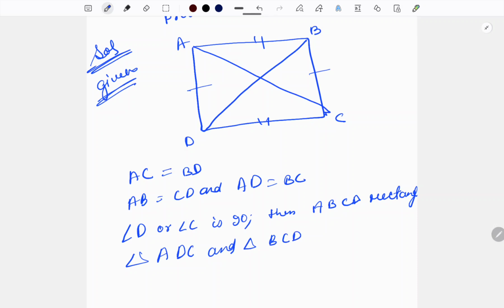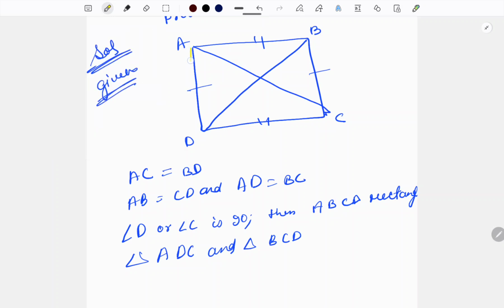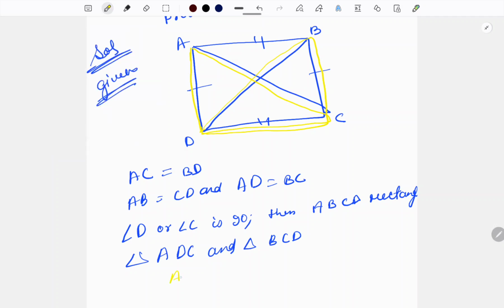Now if you see these two triangles, ADC means I am talking about this triangle, and BCD means I am talking about this triangle. In these we know that AD is equal to BC.